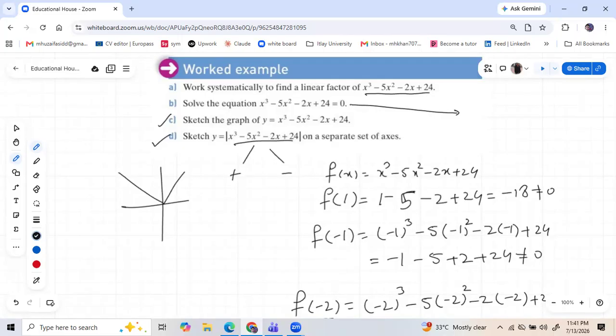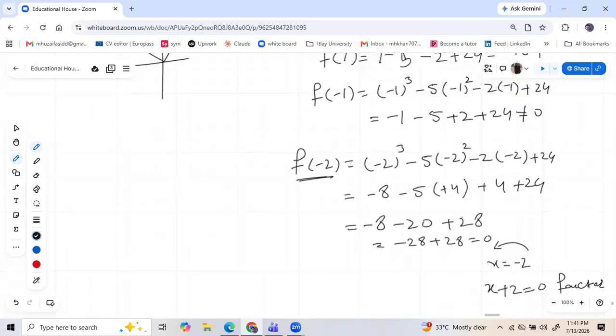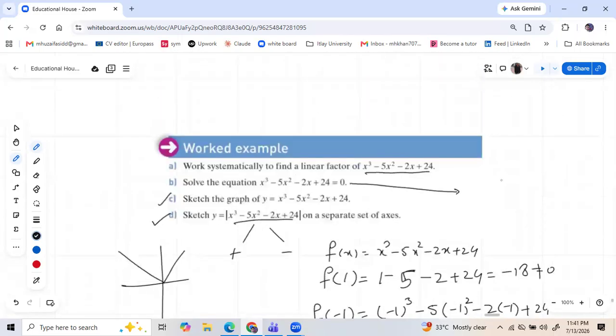Our factor is x plus 2. So you can solve this equation like this: x plus 2 times (ax squared plus bx plus c) is equal to x to the power 3 minus 5x squared minus 2x plus 24. Got it?